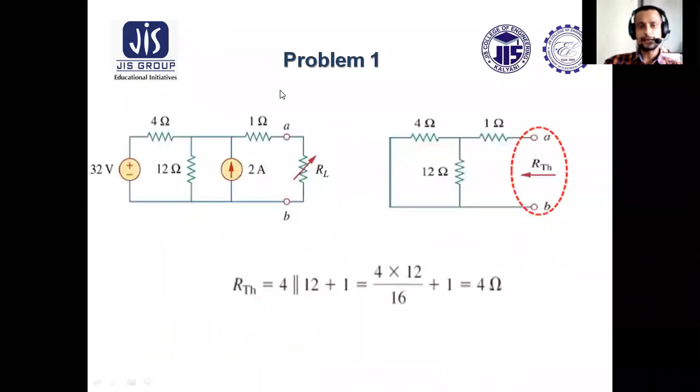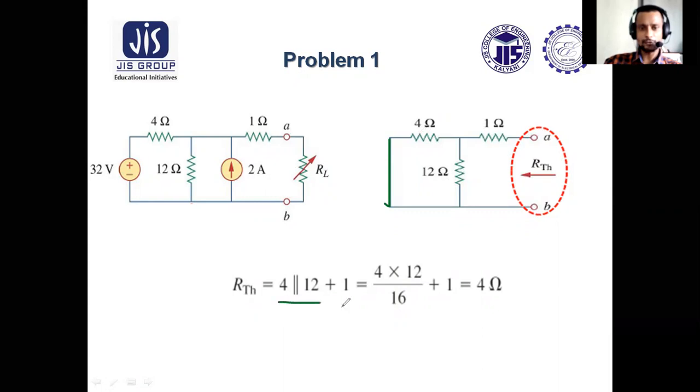Now, third step is to find RTH. So while finding RTH for this circuit, see, the 32 volt source is replaced by a short circuit. The 2 ampere source is open circuited. So this will be the circuit. Now, while looking back into the network from the open circuit terminals, that means while you are moving from A to B, you'll first get 1 ohm, then 4 and 12 are in parallel.